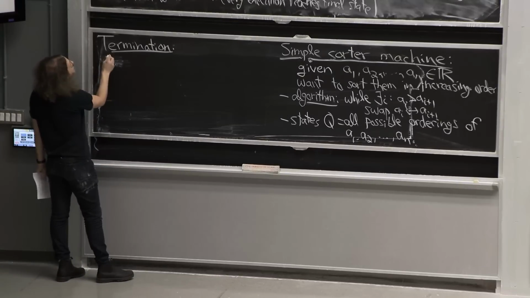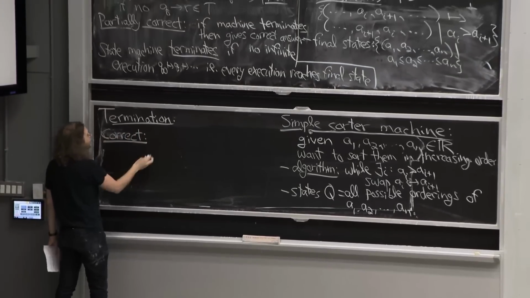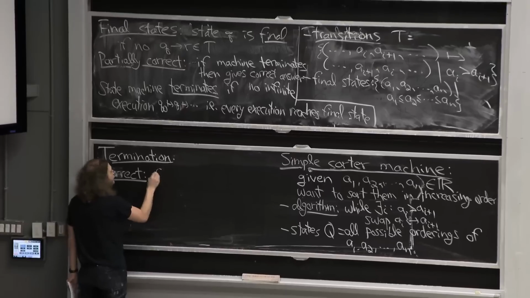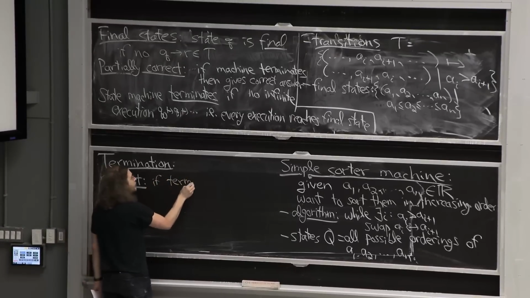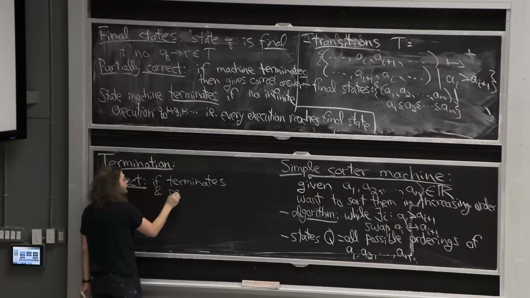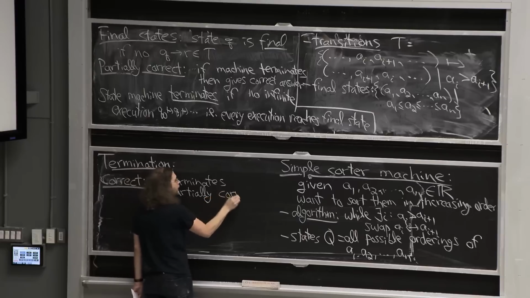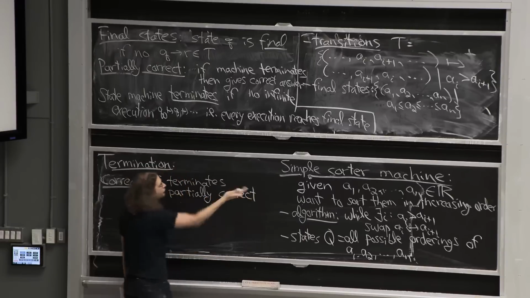And in particular, let's say a machine is correct if it terminates and produces the right answer, which was partially correct. Okay, I haven't formally defined right answer, but for the sorting problem, it's clear.